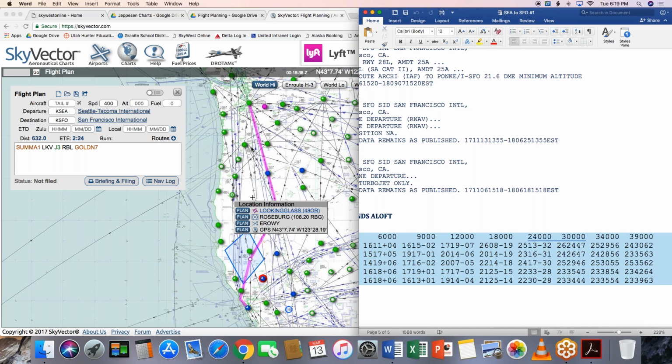That being said, what is our average heading? We're going south, 164 degrees, right? So that is southeast.